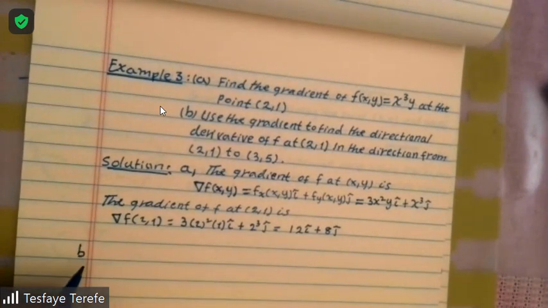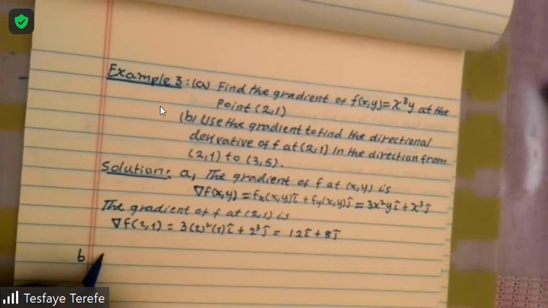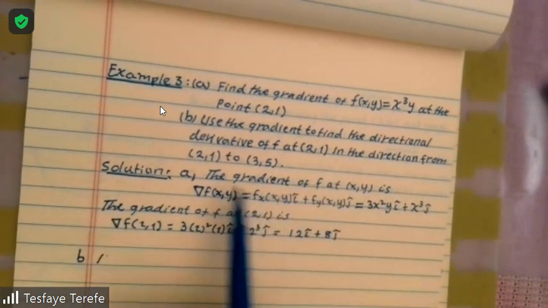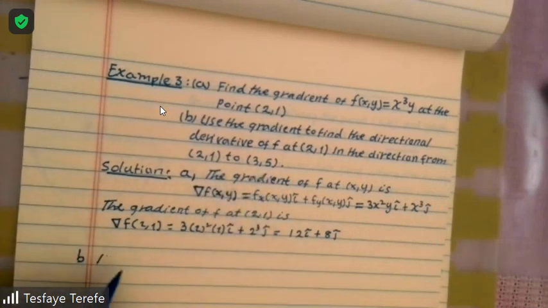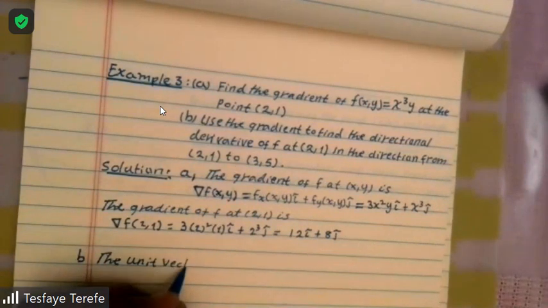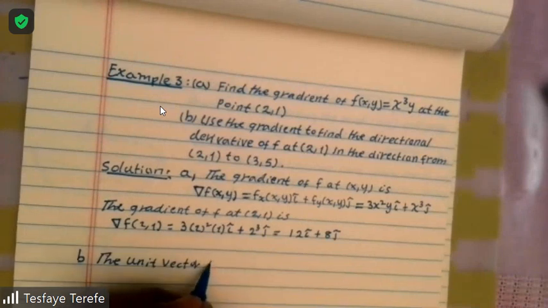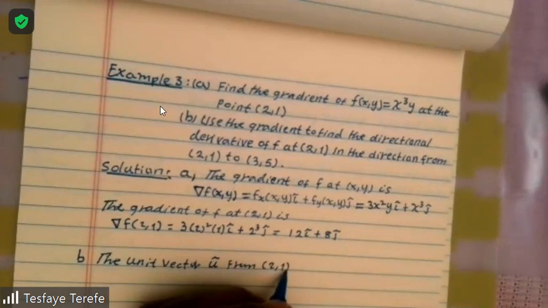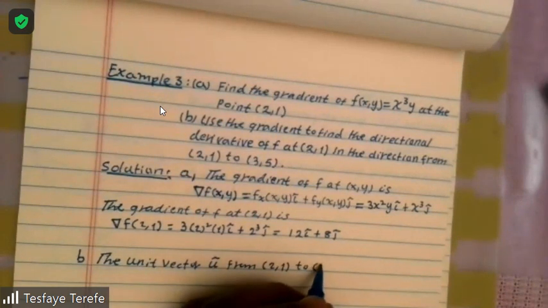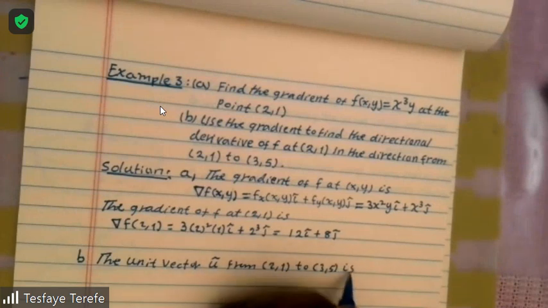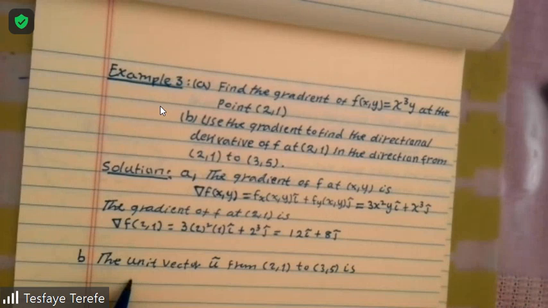Then B. The unit vector. First of all, we are going from this point to this one. So the unit vector u from the point (2, 1) to the point (3, 5) is, as you know, the direction vector divided by its magnitude.